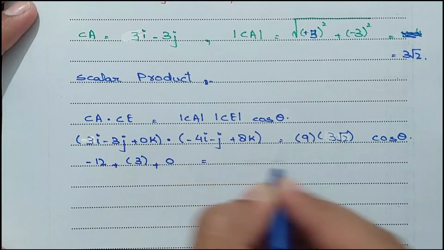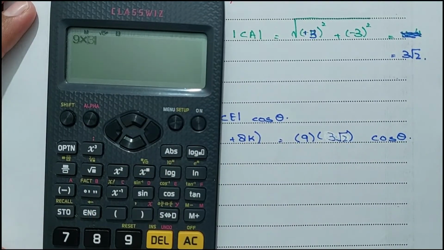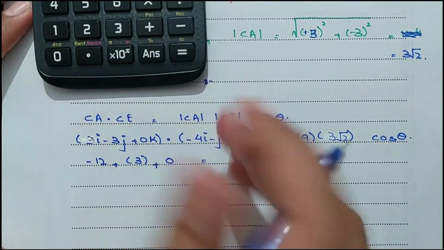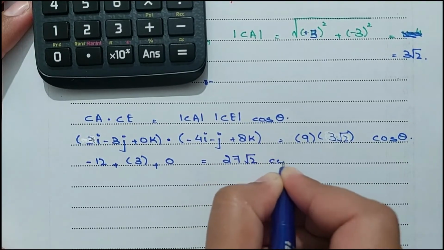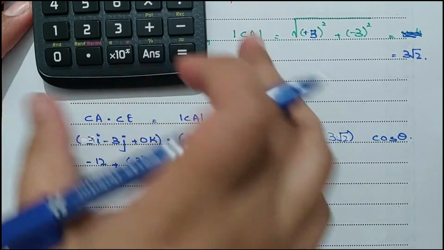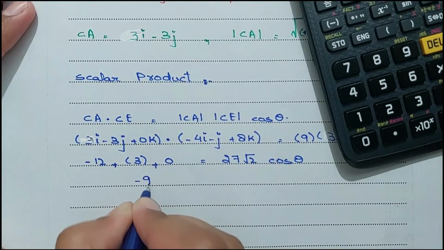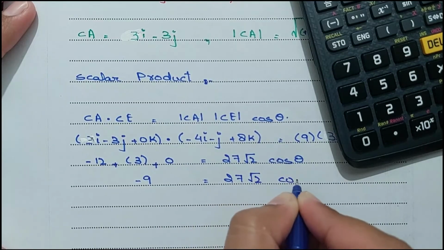All right, now we have 9 times 3 root 2, 27 root 2, 27 root 2 cos of theta. All right, and 3 minus 12 is minus 9. Minus 9 equals 27 root 2 cos theta.